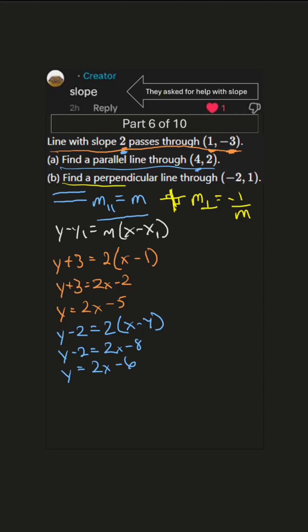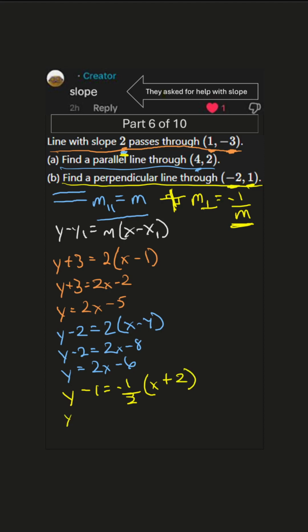How about perpendicular? Okay, same formula again. So y minus 1 equals m. So now m perpendicular, remember, is negative 1 over m, and m is 2. So that's negative 1/2 times x plus 2, since this is a negative 2.